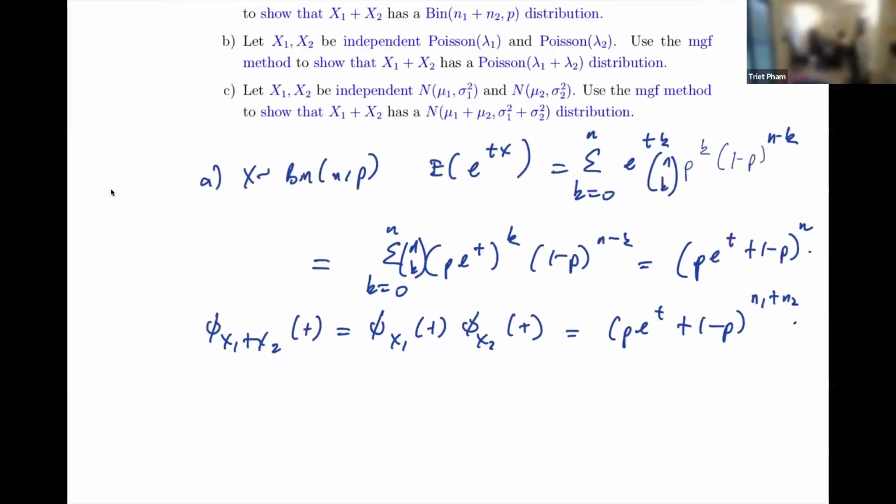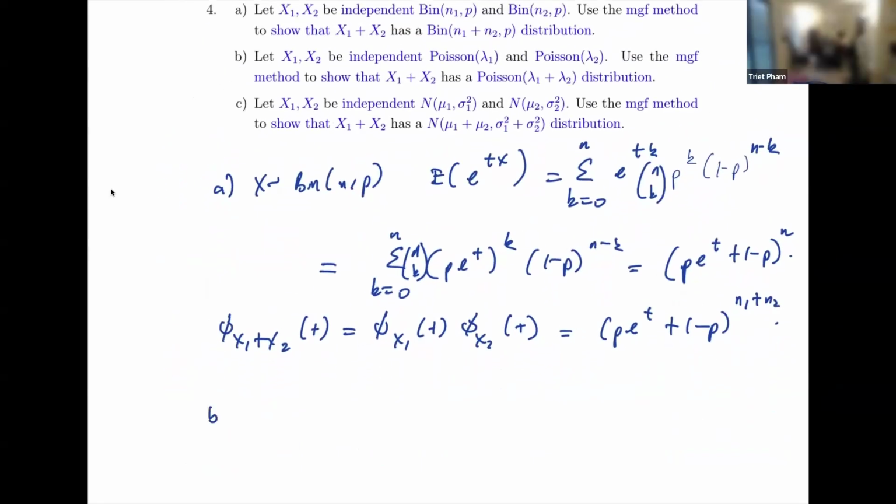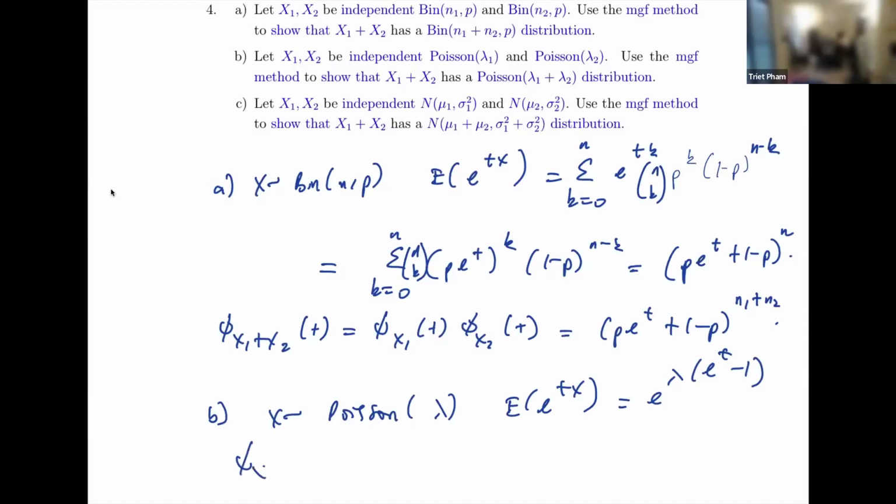All right, so the Poisson we already established. The Poisson has the moment generating function e to the lambda times e to the t minus 1. So the moment generating function of the sum is the product of the moment generating functions.